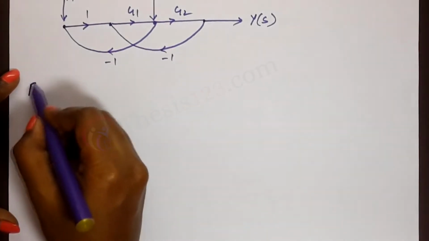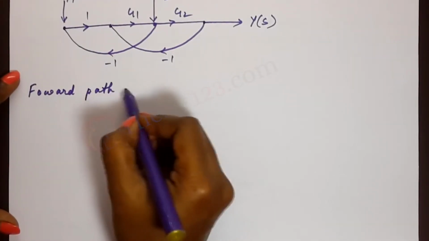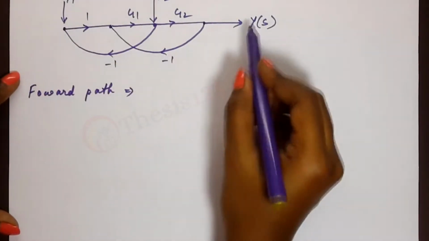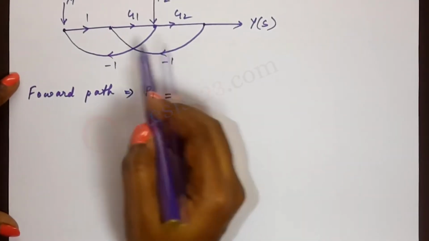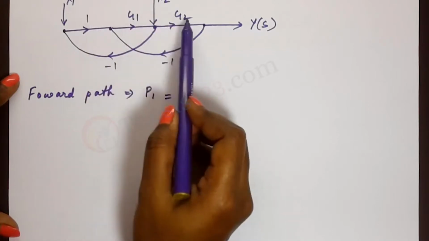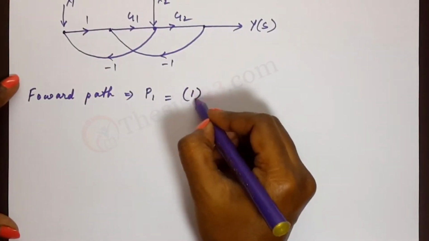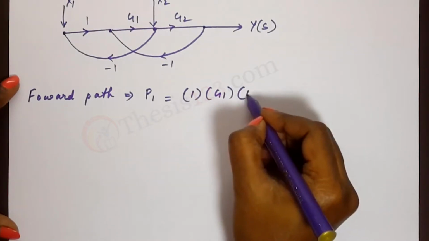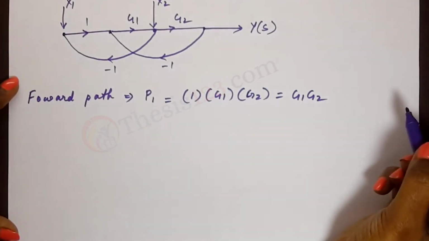So we start with the forward path. We have exactly 1 forward path, so we're going to call that P1. And to find the gain, we just have to multiply the gains of each portion of the forward path: 1 into G1 into G2, which gives us G1, G2.